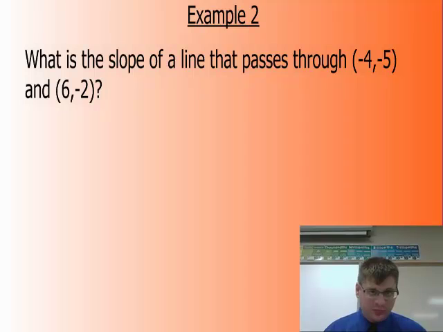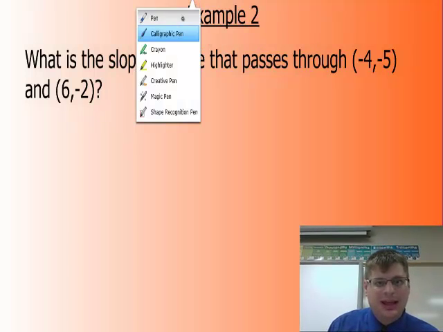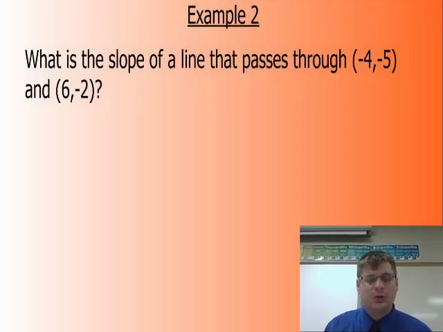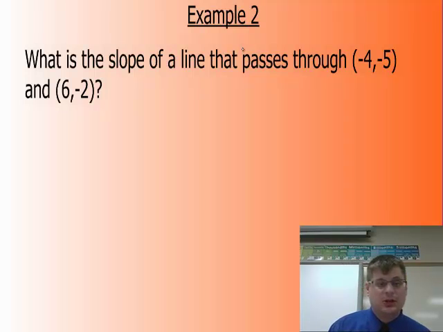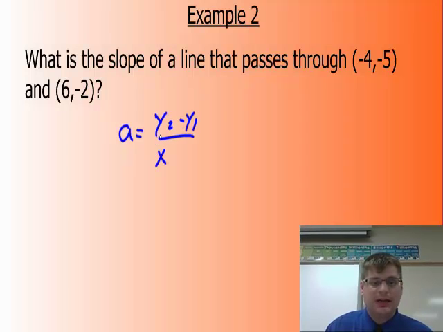Now, moving on. In our next example, we want to find the slope of a line that passes through (-4, -5) and (6, -2). For something like this, we want to do the algebraic process of finding a slope. Remember, I'm going to stick with using a. We have y sub 2 minus y sub 1 over x sub 2 minus x sub 1.